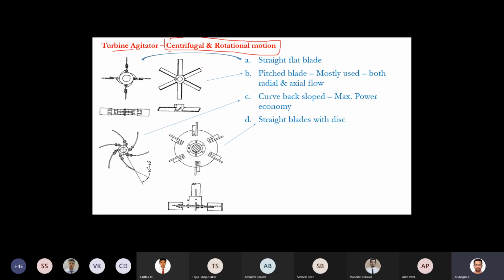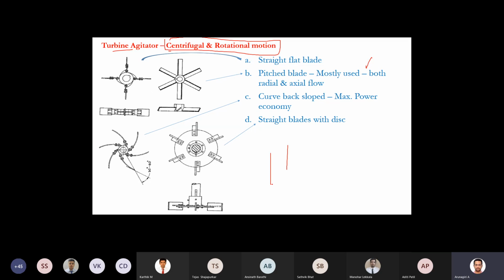In addition to the energy transfer, energy is also transferred by the centrifugal and rotational motion of the liquids due to these turbine agitators. Okay, here you have a straight flat blade. Here you have a pitched blade, mostly used. This will give both radial flow and axial flow.